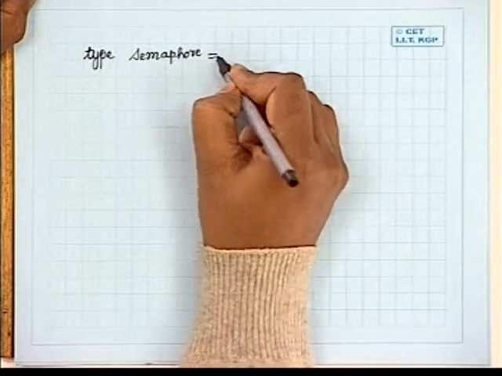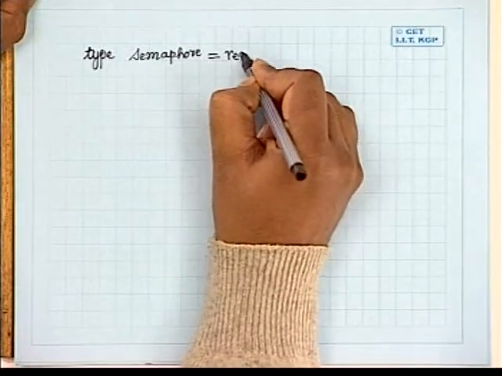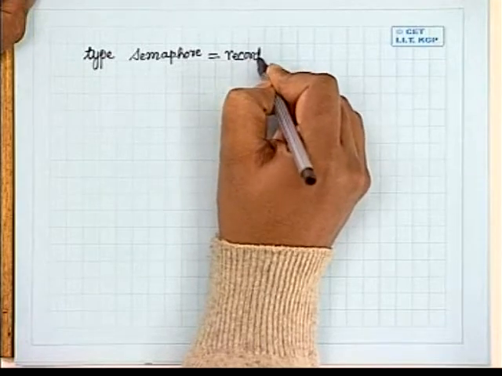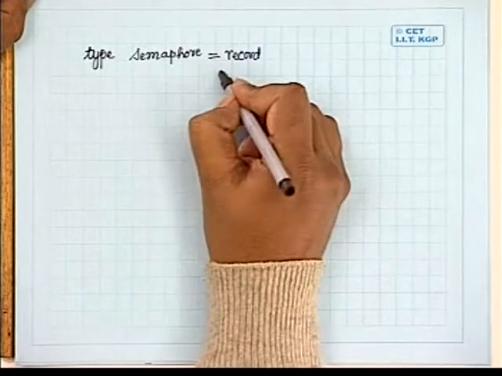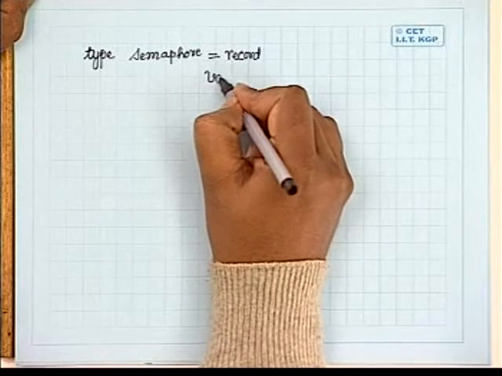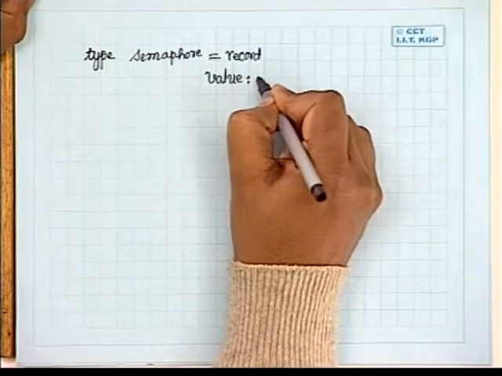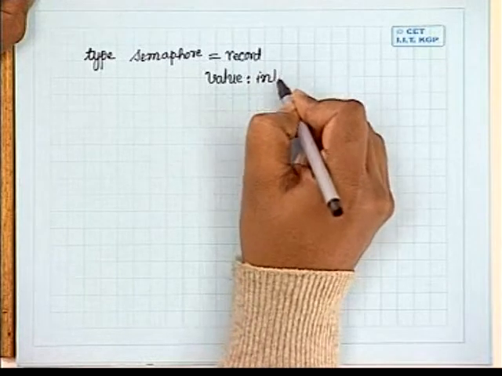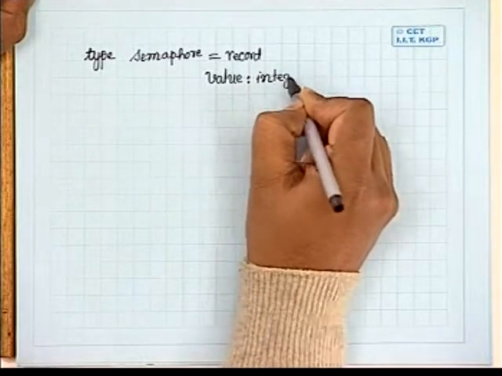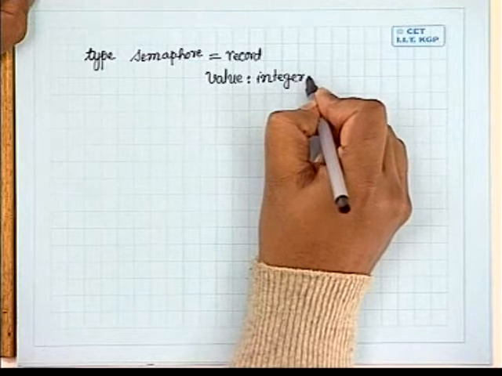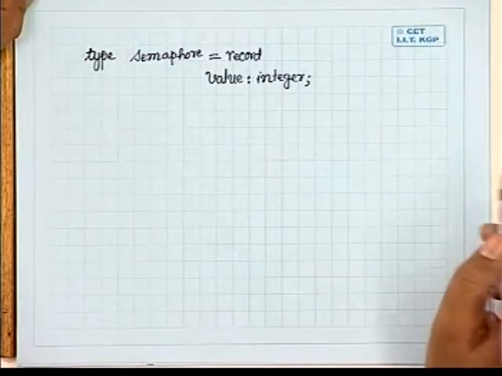as a record. Okay. This record will have two fields. One is the value field, and the value field is of type integer. Earlier the semaphore was having only an integer value. Now it is a record.